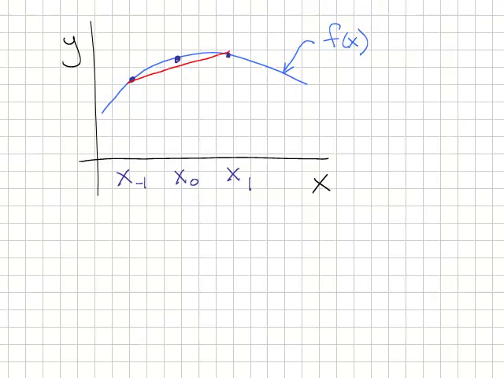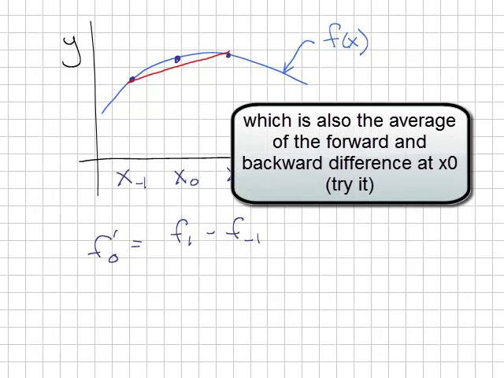We can get a more accurate estimation of the derivative at a given point by essentially averaging the slope between the forward and the backward difference. So to do that, we're going to take a difference that's twice the width, and the formula becomes the derivative at x0 is equal to the function evaluated at x1 minus the function evaluated at x minus 1 over, and now the width is 2 delta x.